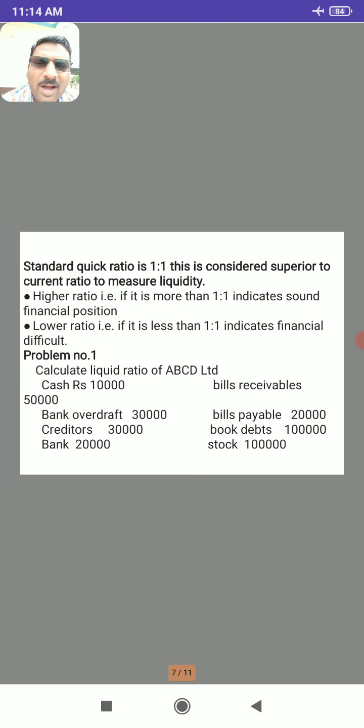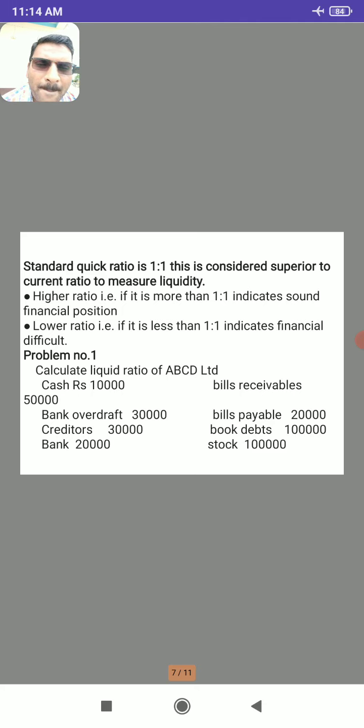Now we will study how the quick ratio is calculated with the help of one problem. Calculate the liquid ratio of ABCD. Cash is 10,000, bills receivable 50,000, bank overdraft 30,000, creditors 30,000, bank 20,000, bills payable 20,000, book debts 1 lakh, and stock 1 lakh.